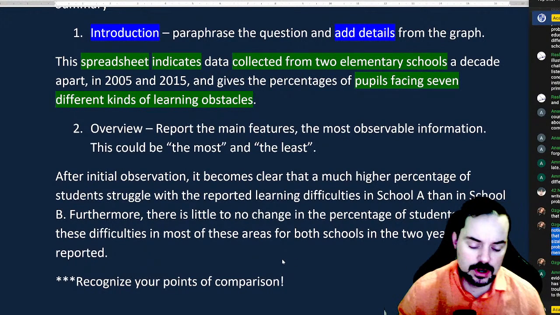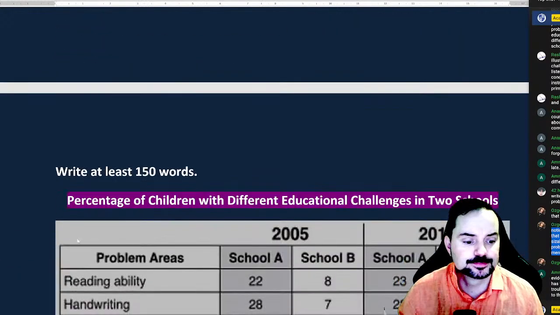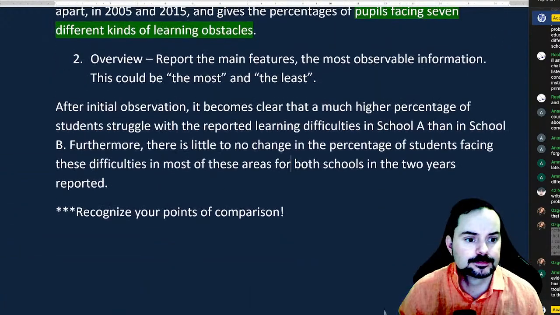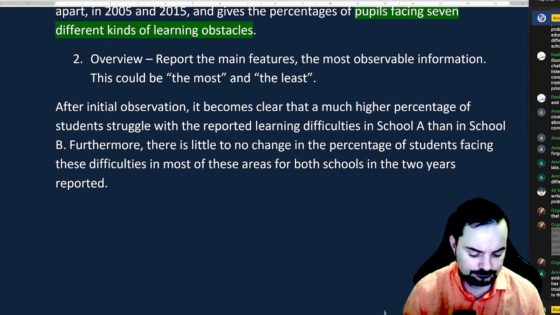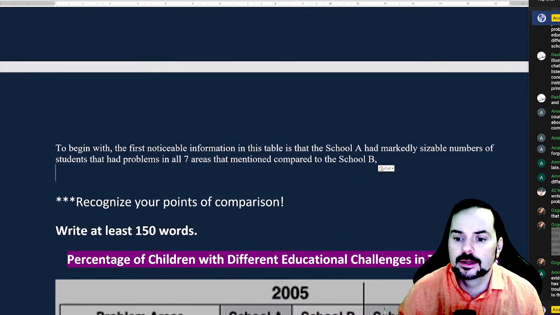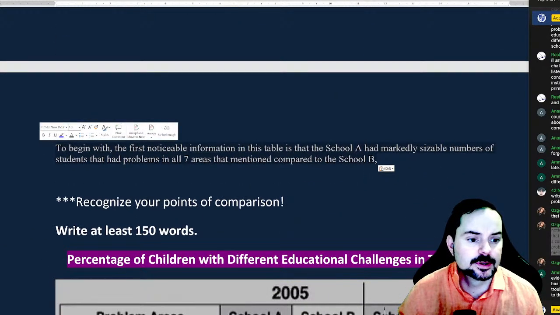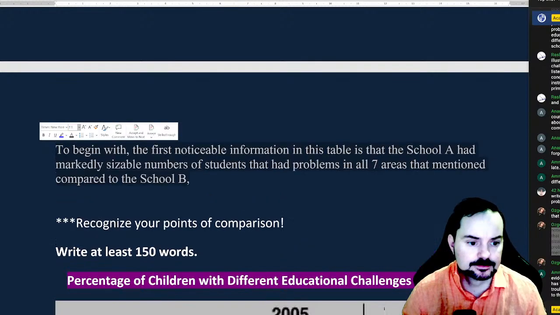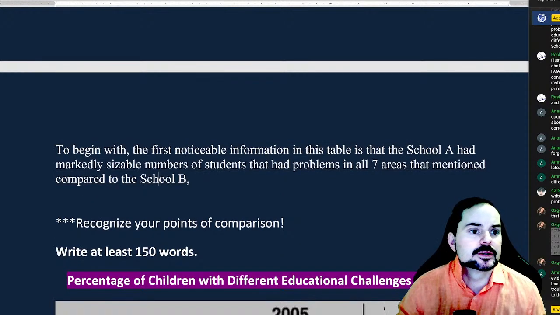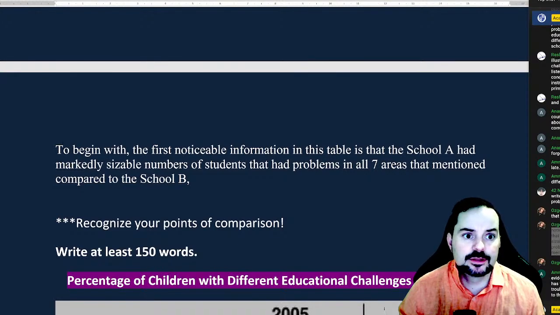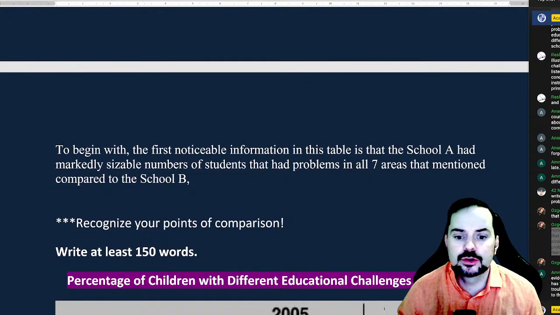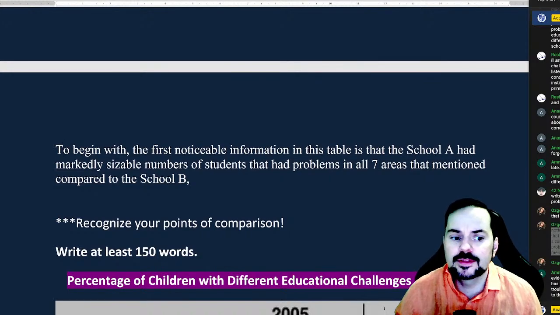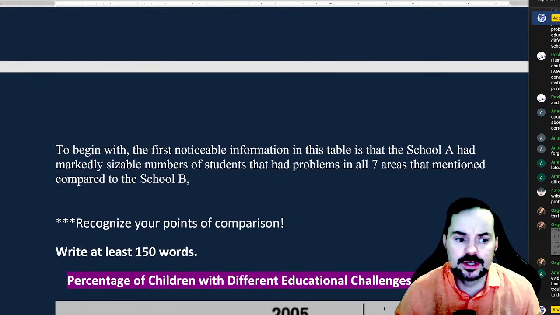Okay, let's see what we have. So Oz wrote this, okay. Oz writes, to begin with, the first noticeable information, okay, that's redundant, Oz, avoid redundant writing.